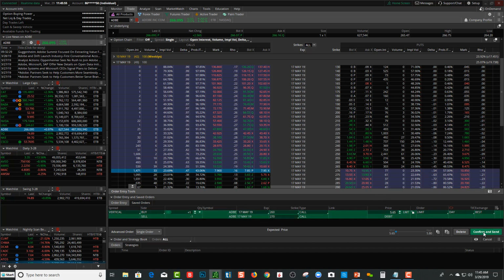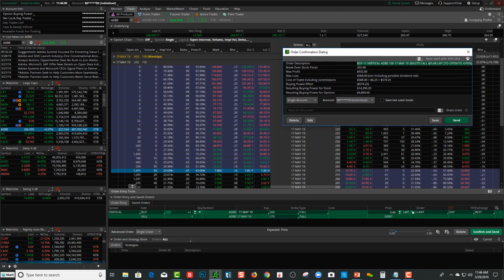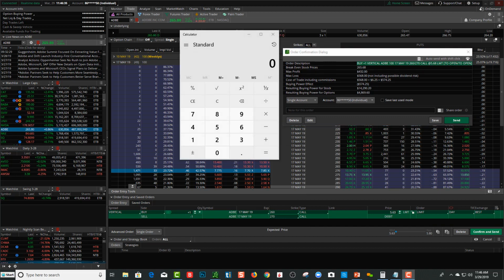All right, so now let's confirm and send, and let's pull up the order box and break this down. Let's take a look at max profit first, $432. You'll see that the debit amount keeps changing, going up and down.